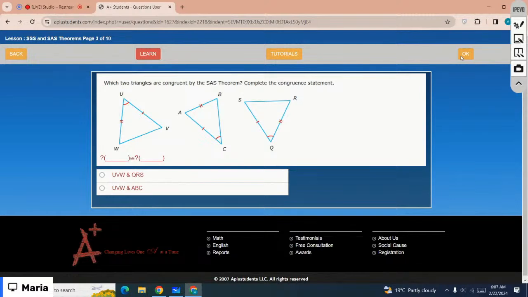Which two triangles are congruent by SAS theorem? Which is the correct option? Two sides and an angle between them.